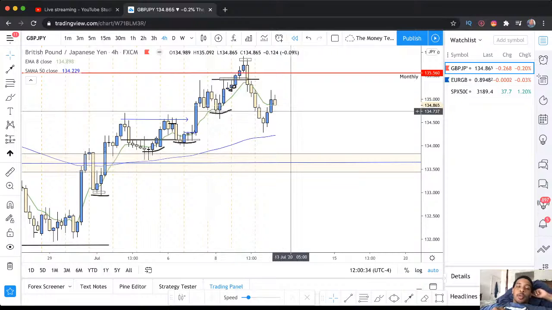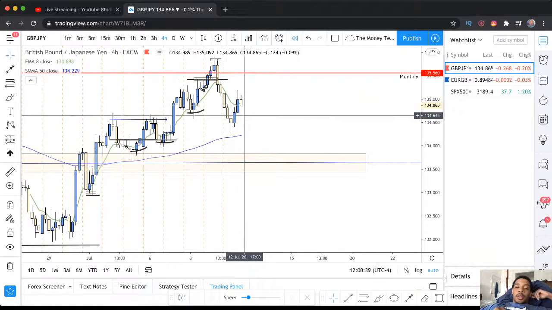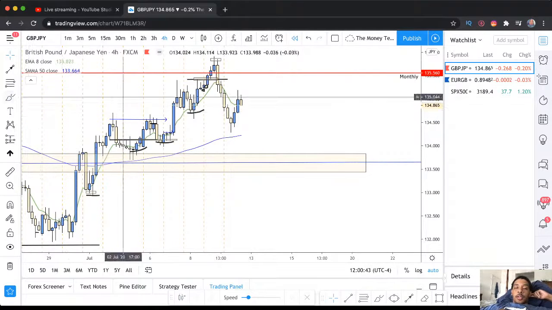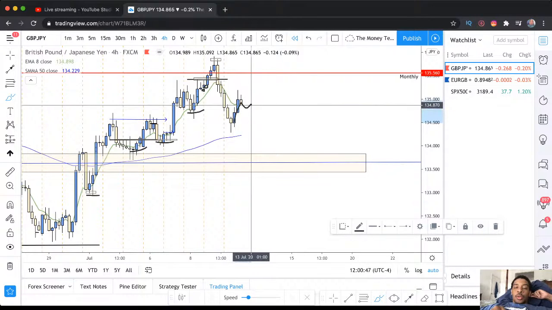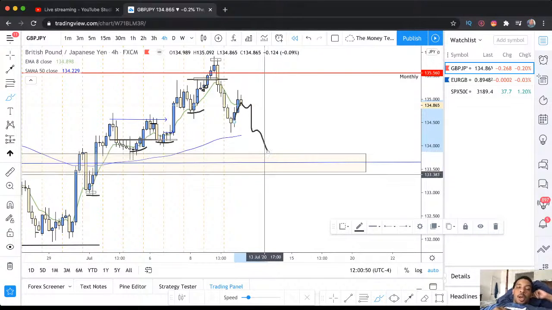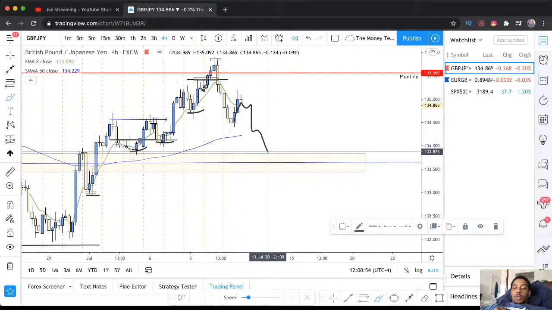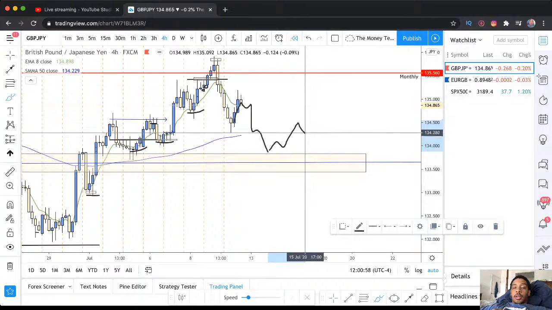But to confirm this break here would be if this right now engulfs here and does like a double top here and then comes down into here, it does something like this, right? I would like to see that because I want to see price do something like this and break above the top here and continue up.